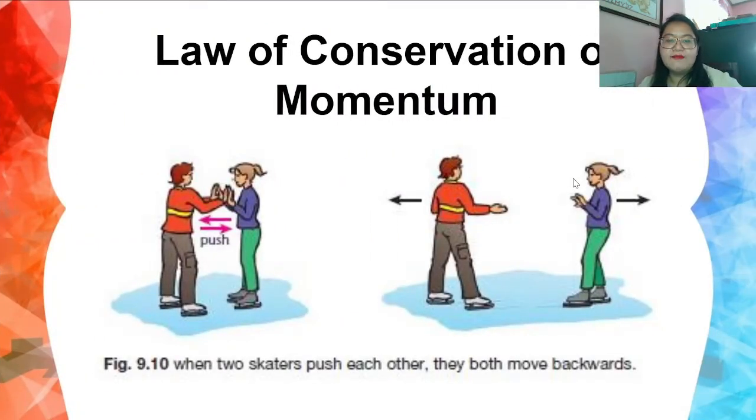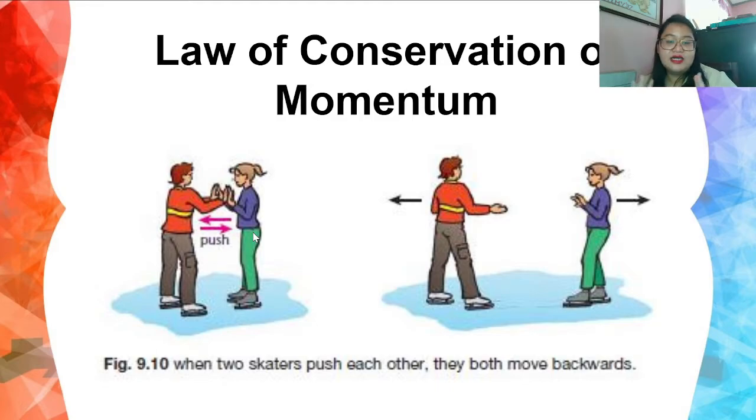Now, this is an example to show the law of conservation of momentum. So, dito sa picture na ito, ayan, ito yung unang scenario. So, silang dalawa ay skaters. Okay? So, ayan, meron silang shoes for ice skating. Now, tinutulak nila yung isa't isa. Okay?